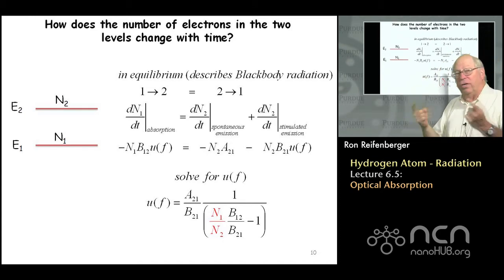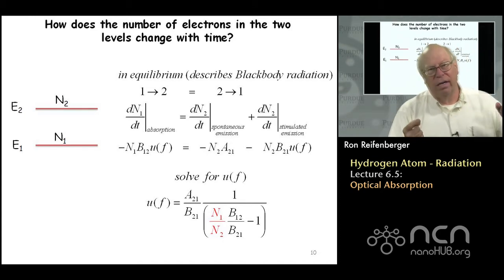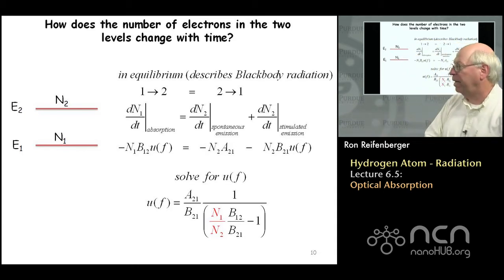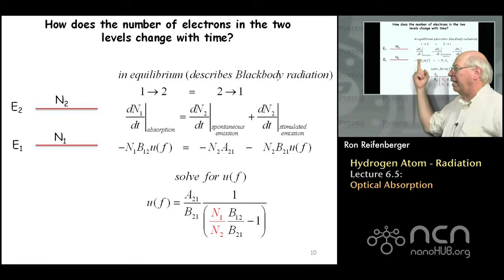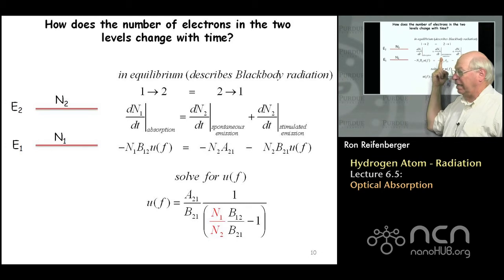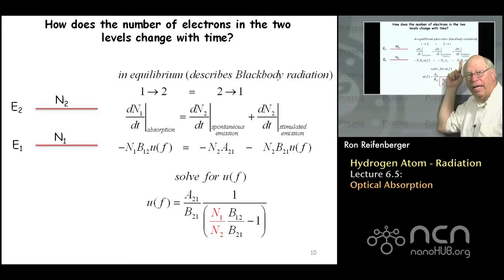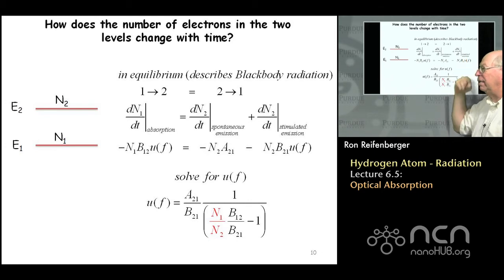Well, you can take the three equations that were boxed in red on the previous three slides, right? And you can then say that, given this requirement, the change in the number of atoms in the upper state with respect to time due to absorption has got to equal the change in the number of atoms in the upper state due to the spontaneous emission, plus this stimulated emission term that Einstein postulated you need, right?